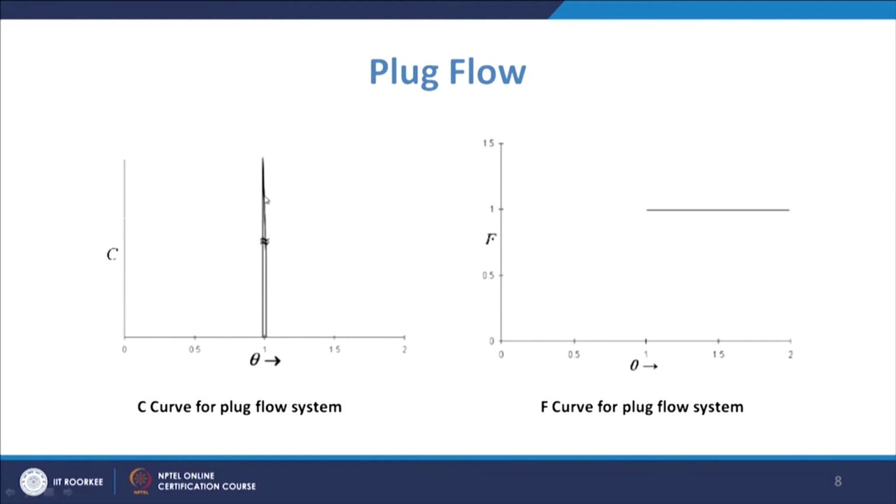So you see a long peak, and then here itself it vanishes. All the tracer has come out of the tundish outlet at the theoretical mean residence time.